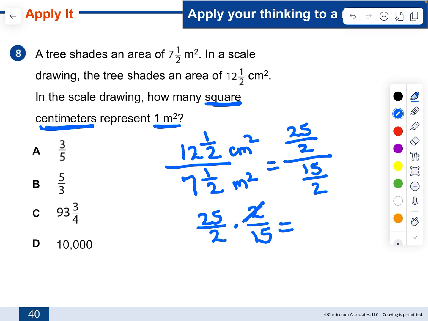Cross simplification allows me to cancel these 2's because 2 divided by 2 is 1. So I have 25 over 15, and that simplifies to, both divide by 5, 5/3. Use the words, makes your problem a whole lot easier.